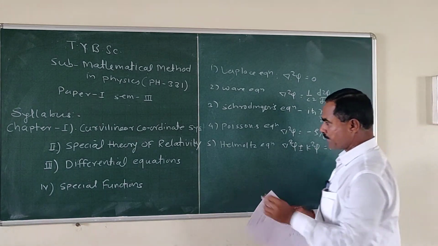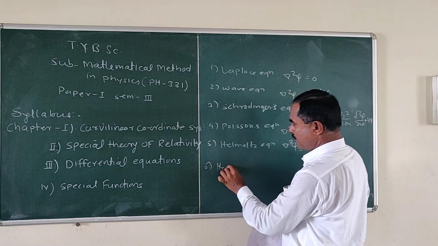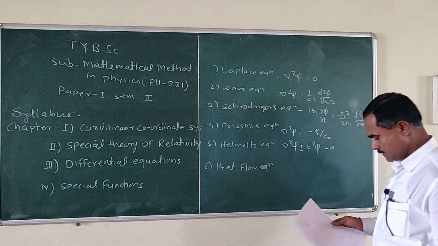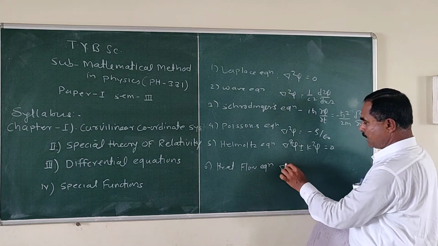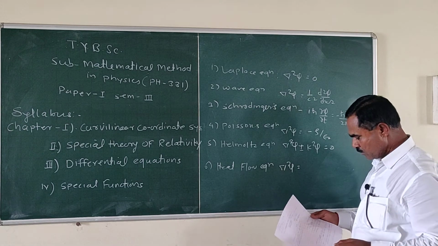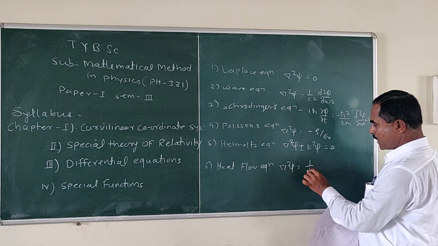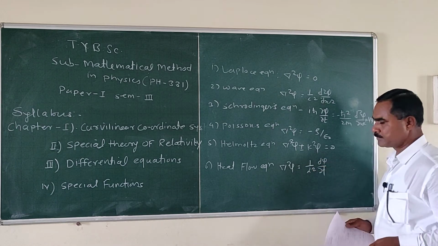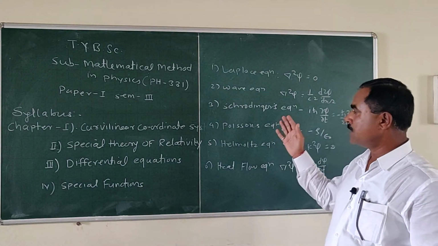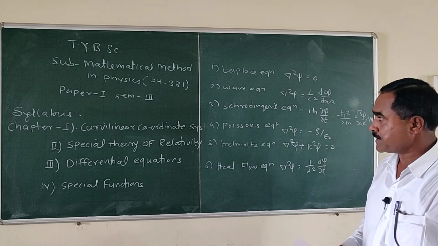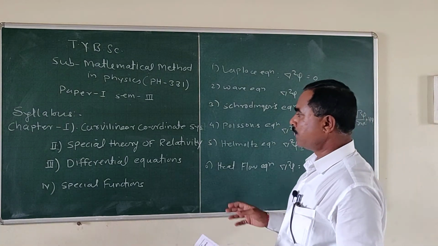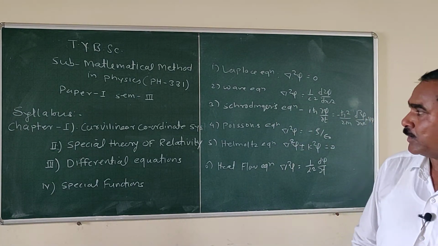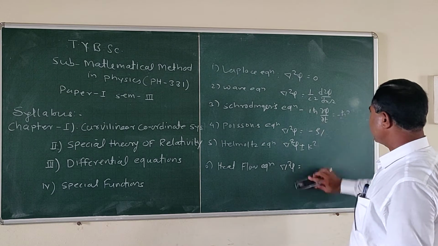And the sixth equation is the heat flow equation, and its form is del square psi equal to 1 upon alpha square d psi by dt. Here these are the frequently occurring differential equations. And next we consider the terminology that is used in differential equations.